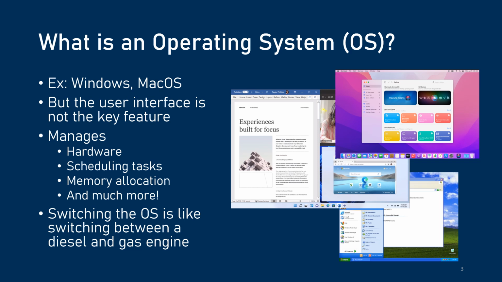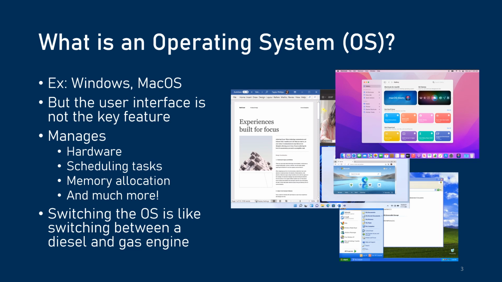Before we get into the operating systems used in robotics, let's first talk about what an operating system is. This is what you usually call OS, so that's like Windows, Mac OS, or for mobile devices, Android, iOS, iPad OS.